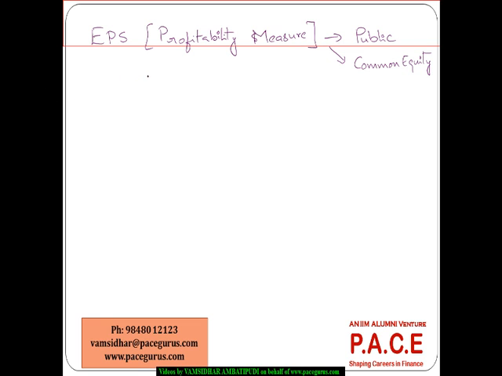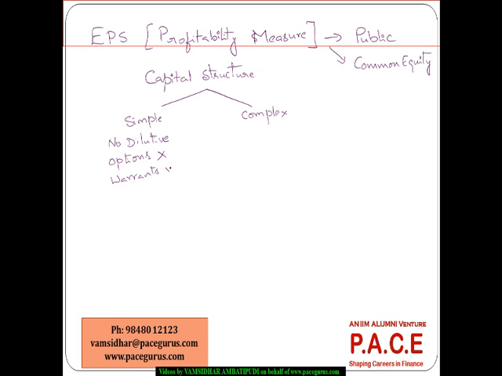Now, as I said, first of all, what is important when I'm looking at EPS is the current capital structure of the company. Is it simple or is it more complex? How do I differentiate simple and complex? When I have no dilutive securities, we say it is simple, which means there are no options. This company did not issue any stock options or warrants, or any convertibles, such as convertible preference stock.